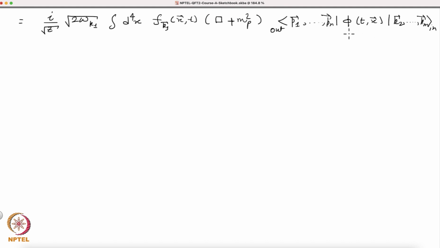If I repeat the same thing which I have done just now, then I will be able to get rid of the label k2, and in doing so I will pull out another factor of phi, okay. Eventually I will be able to get rid of all these labels k2, k3, k4, km, and I will be left with the vacuum omega here, and every time I get rid of one of these labels, a phi will be pulled out, going by what I have done just now.